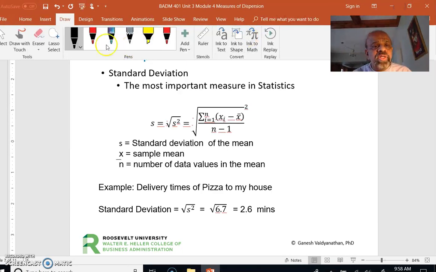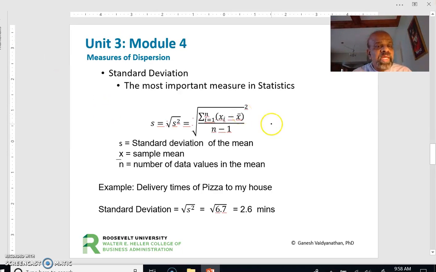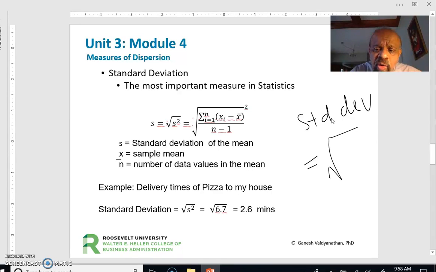The next thing, which is basically the second most important, or sometimes even more important than the variance, is standard deviation. So standard deviation is equal to the square root of the variance.